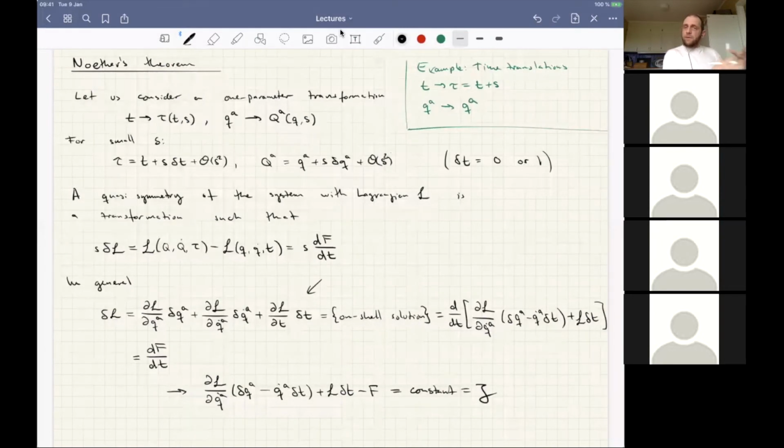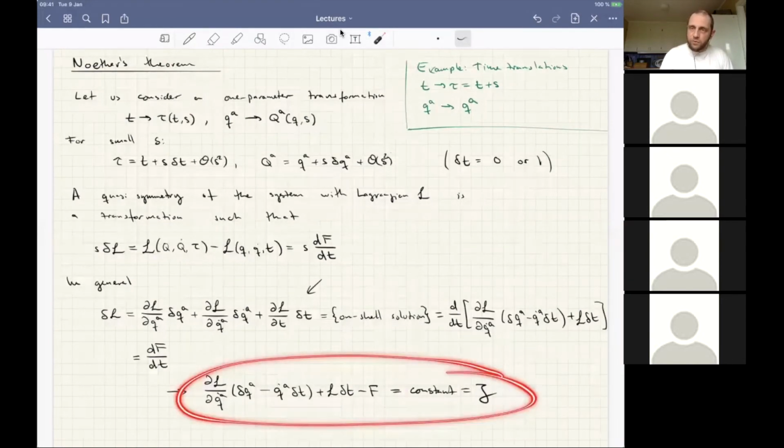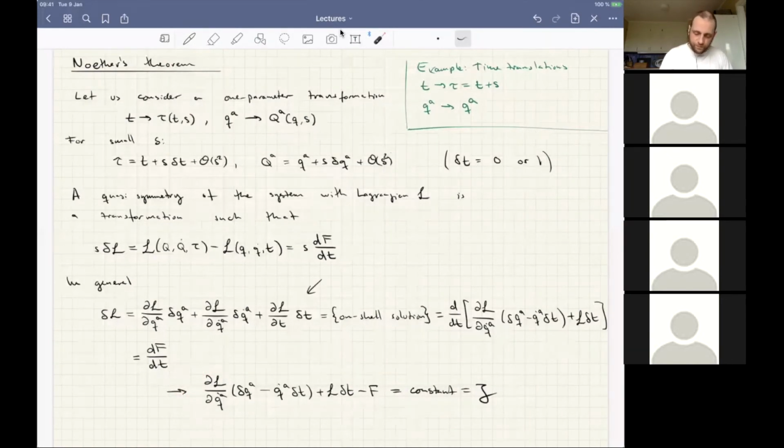So if I have this quasi-symmetry of the Lagrangian, then I have this constant of motion, sorry, not equation of motion.